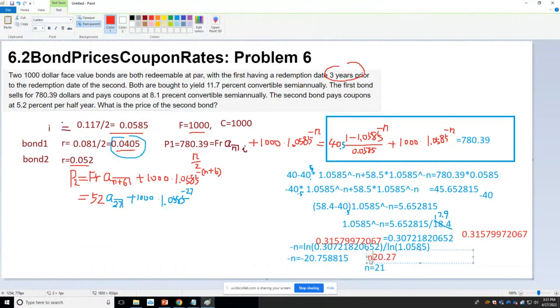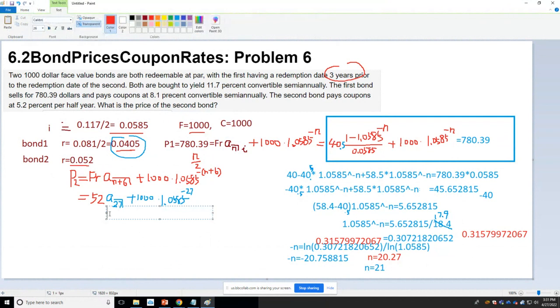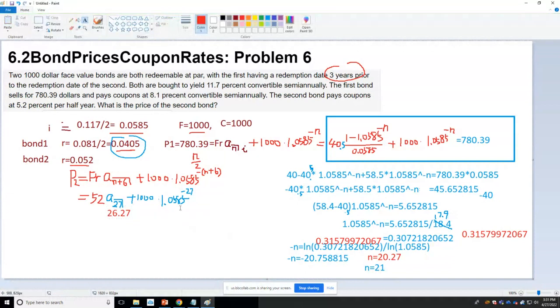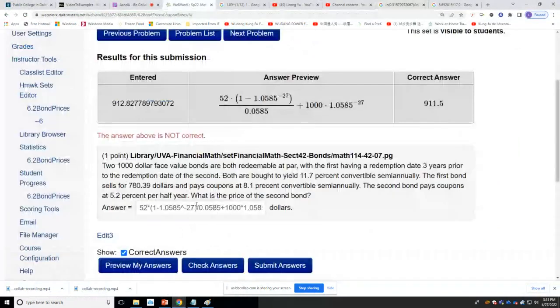This is our n. That'll make it a little bit more accurate. So instead of the 27, we'll do 20.27 plus 6. That will make it 26.27, and also 26.27 for that one. All right, back here.